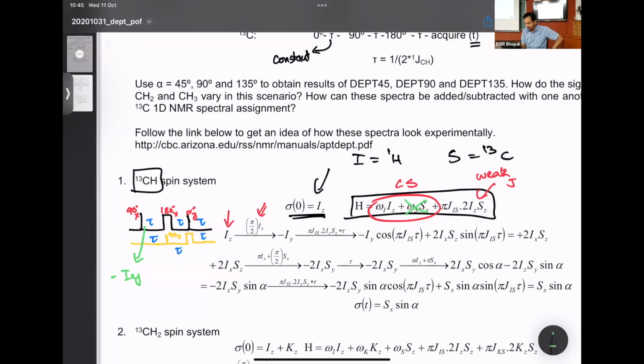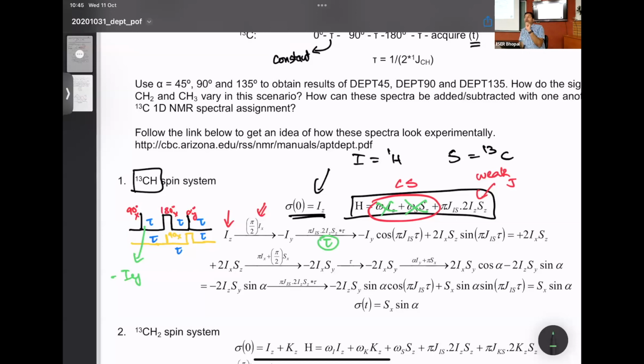And most importantly, in the tau 180 tau period, we have also learned that the proton chemical shift will not evolve during that period. Is that true? Tau period, once again, the proton chemical shift will also not evolve. Fantastic. The only thing that's going to evolve is the 2 IZSZ term, which is the scalar coupling. So what do we do here? For one tau delay, scalar coupling is evolved.